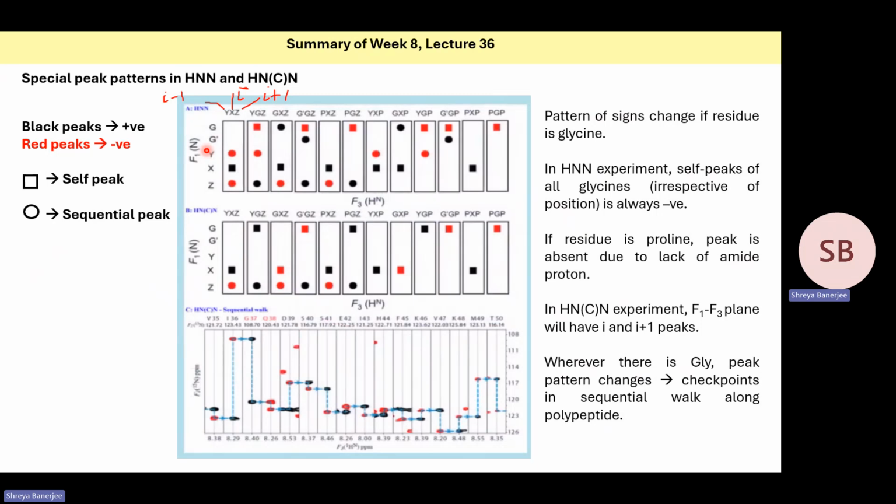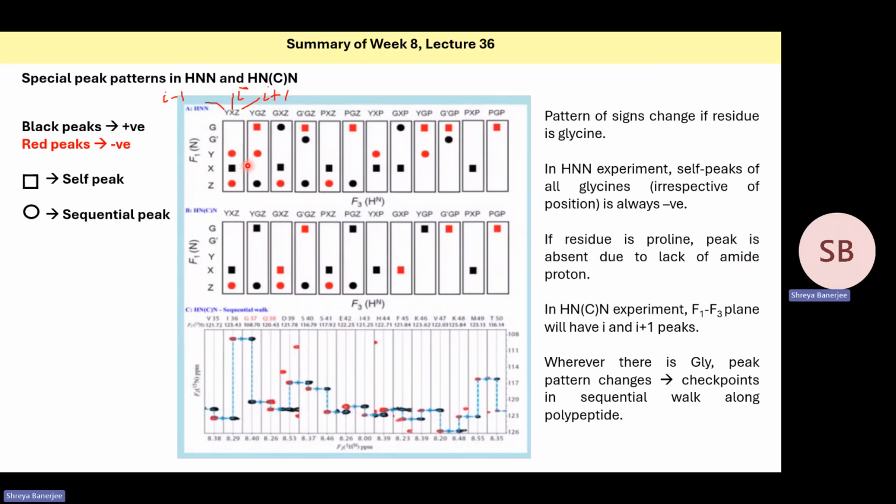So we know that in HNN experiment, you will see the self peak. If you see X and X, that is the self peak. The self peak is represented by the square, and when it is black, it means it's a positive peak.